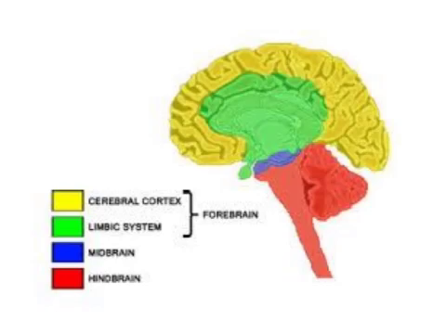Another way of thinking about the organization of the brain and the divisions of the brain is to divide the brain between what's considered the hindbrain, or the lowest structures of the brain, which are here diagrammed in red.